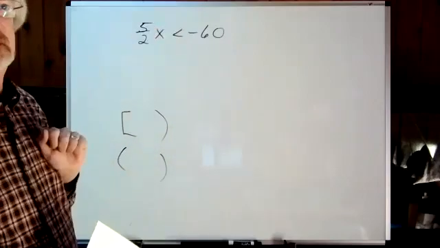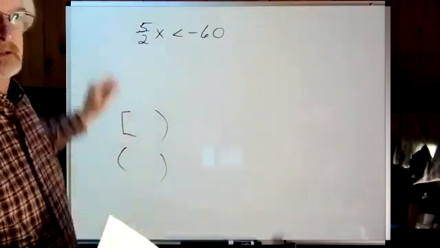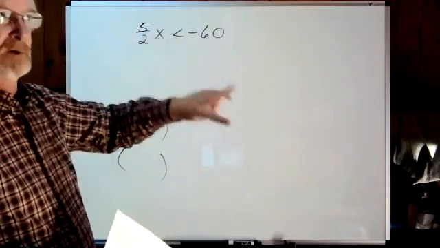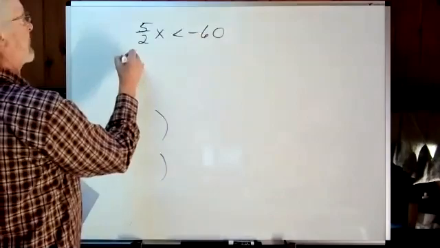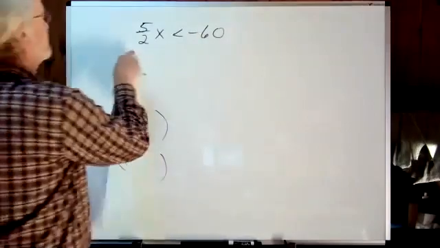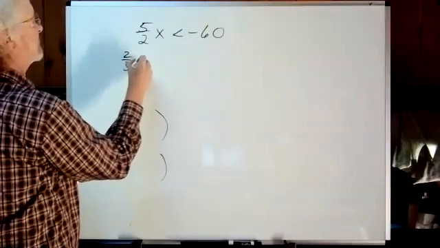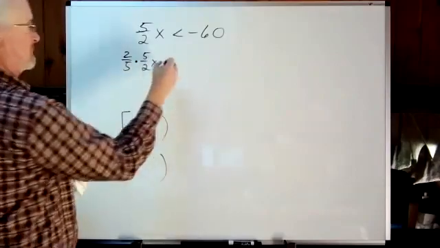How would I proceed here? The variable is being multiplied by 5/2. It's a nice single step you can use to cancel that. Multiply by the reciprocal, by 2/5. Now, I'm multiplying by a positive number.